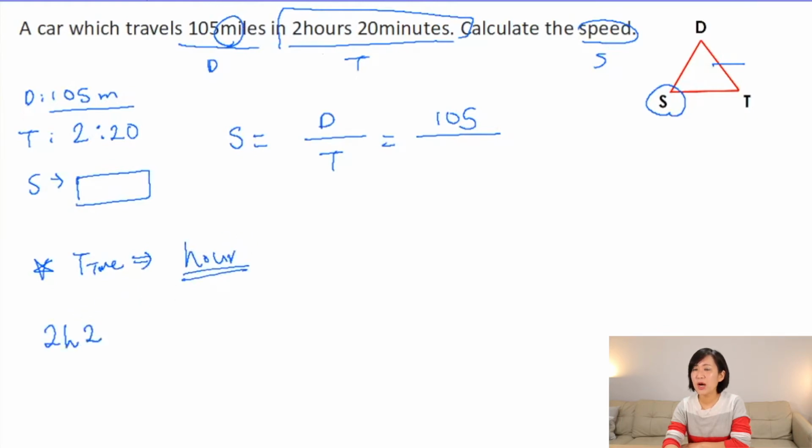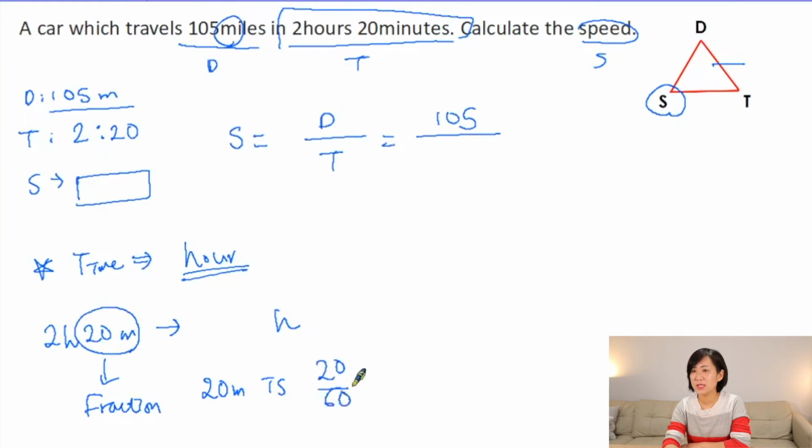So you change this into a fraction. 20 minutes means 20 out of 60 minutes, right? We can write this as 1/3 when you simplify. Then 2 1/3 hours is the same as 2 hours and 20 minutes. So make sure when you use the formula, always change hours and minutes into hours and a fraction of 1 hour, okay?